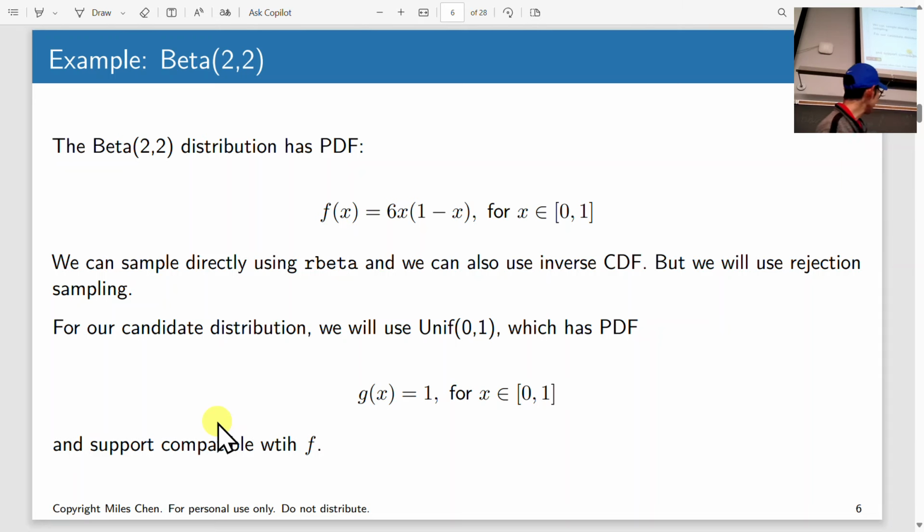I don't know if this is accurate, but the total area of the rectangle should be 1, and the total area of this upside down parabola is also 1. But these work because the support of f is fully contained within the support of g. They're the same support, 0 to 1.